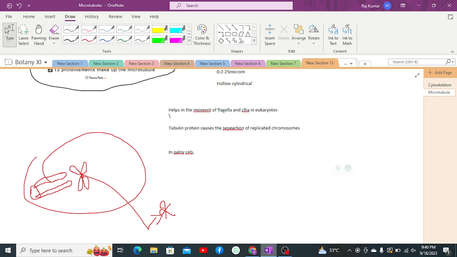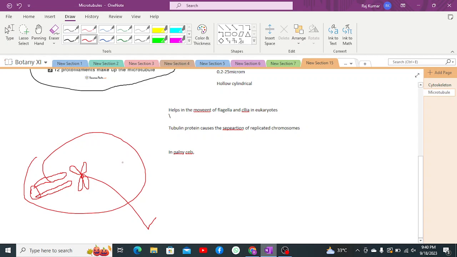And apart from which, here is an example of kinetochore, where these kinetochores are attached with the spindle fiber. Now this is the case for animals.